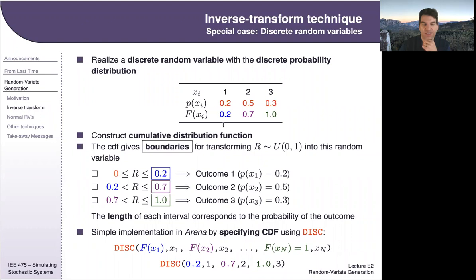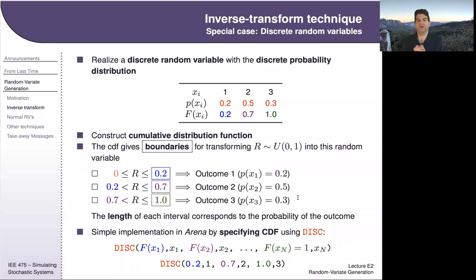So 0.2 means anything between 0 and 0.2 is going to get an outcome of 1. 0.7 means anything between 0.2 and 0.7 is going to get an outcome of 2. 1.0 means anything between 0.7 and 1.0 is going to get an outcome of 3. And that's all that I've just written out down here.